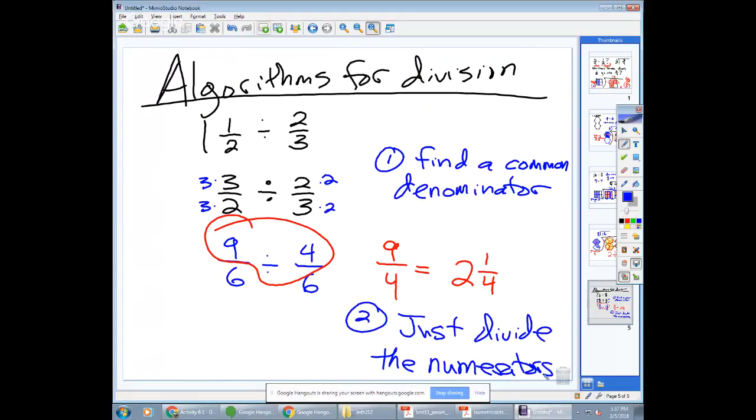A side note: forget about the denominators at this point. Don't need them anymore. Once we have a common denominator, division really is just looking for groups of stuff. We know the groups we're looking for. We don't care that there's 6 anymore. All we need to know is how many 4s are in 9. So this is an algorithm. It's a process that works for any pair of fractions that you try to divide and come up with an answer.